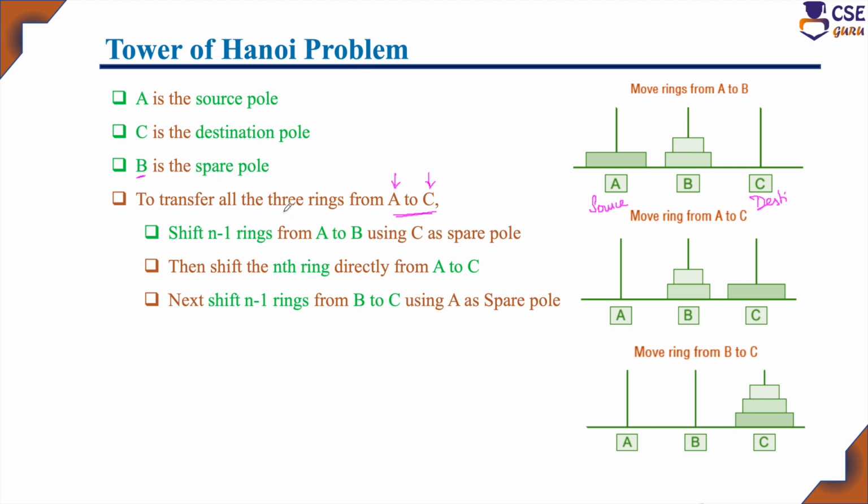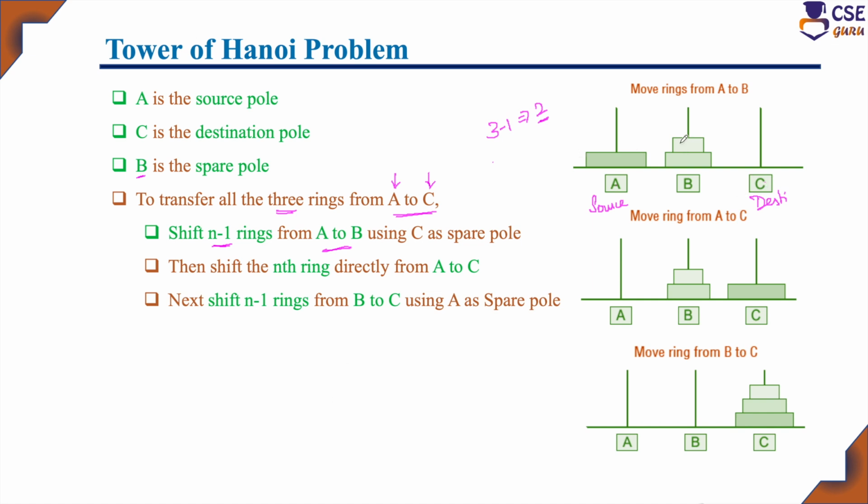To transfer all the three rings from source A to destination C, what we have to do is shift n minus 1 rings from A to B. Here there are three rings, so 3 minus 1, that is 2 rings, you can shift from A to B using C as the spare pole.